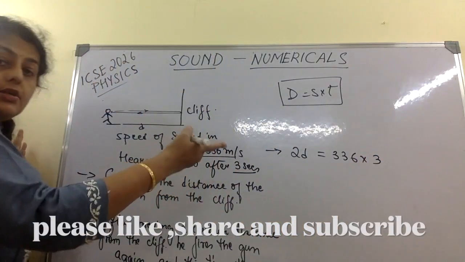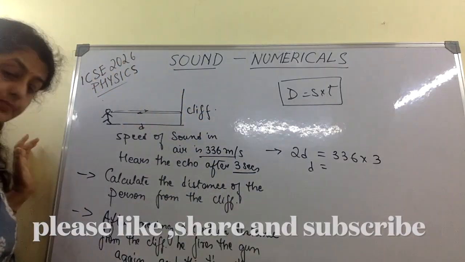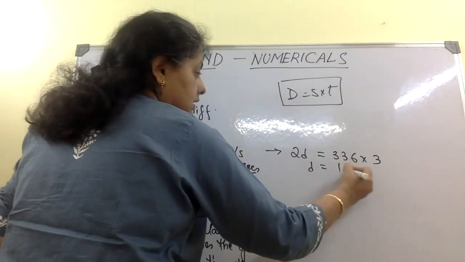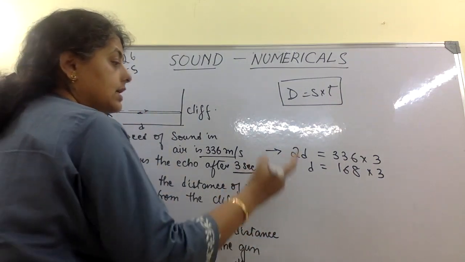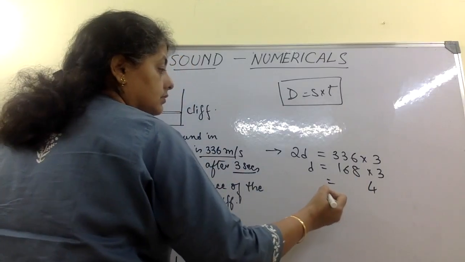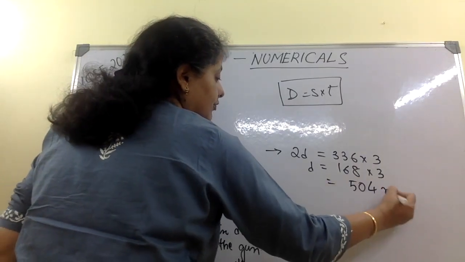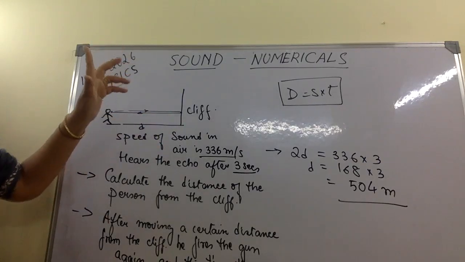The total time taken to go the distance 2d is this. d is equal to 168 into 3, isn't it? So 168 into 3, that is equal to 504 meters. So the distance from here to here is 504 meters.